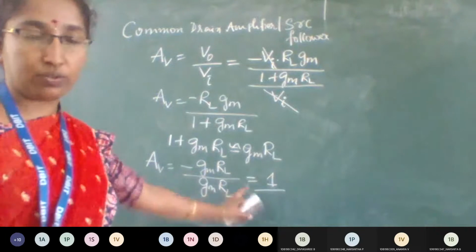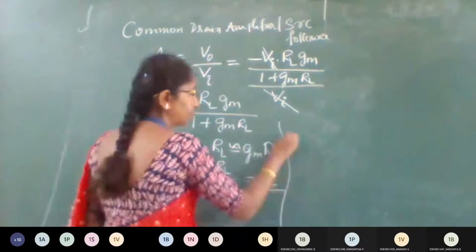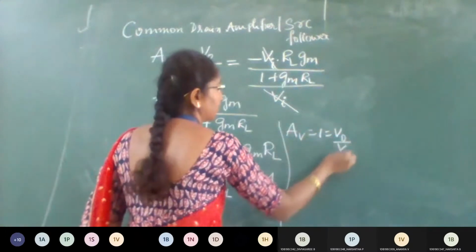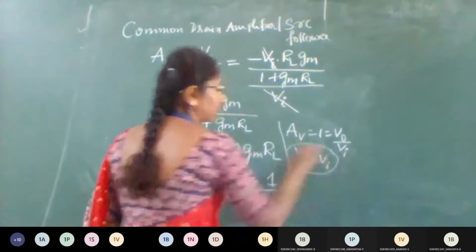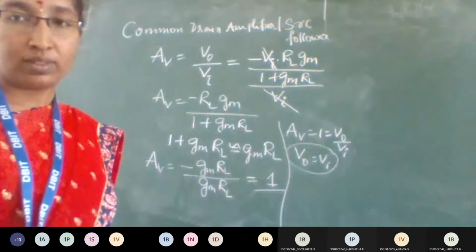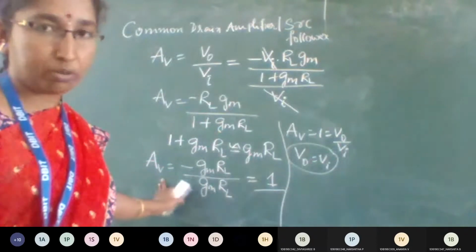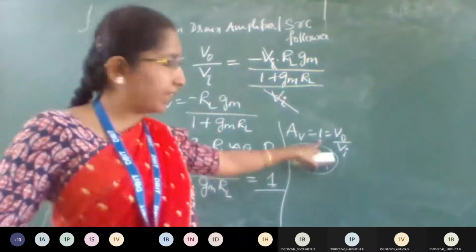So Av is equal to 1. If we get a gain of 1, the gain will be negative in sign, but we get unity gain.